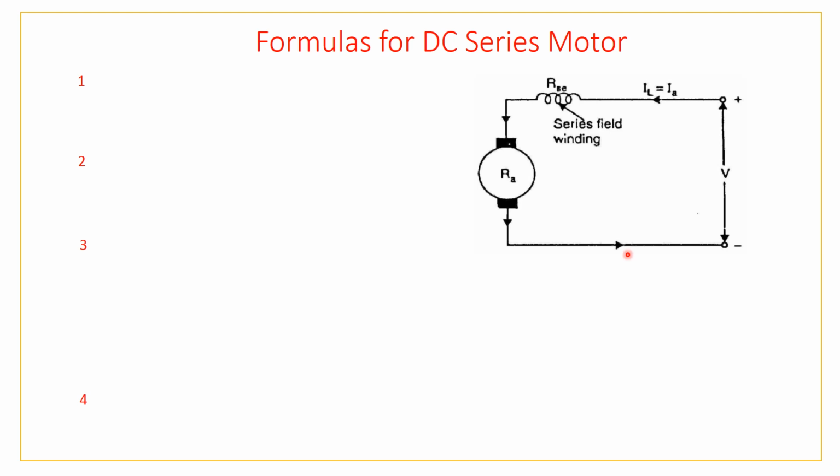So once you find the ISH, then IA is equal to IL minus ISH was needed there, but here you will directly get IL is equal to IA because these windings are in series. So therefore that one step is eliminated here in the formula part.